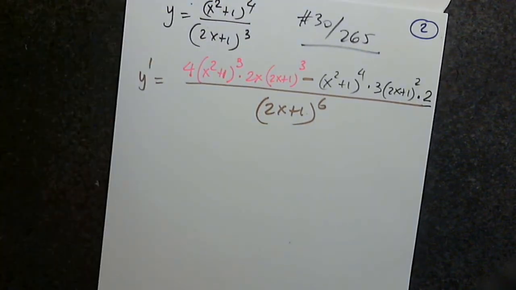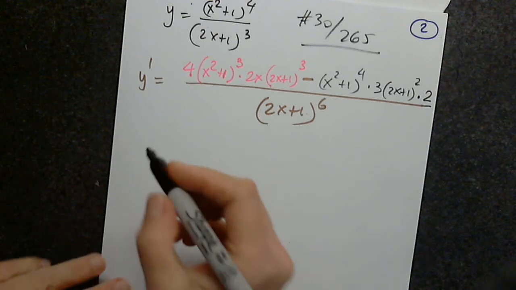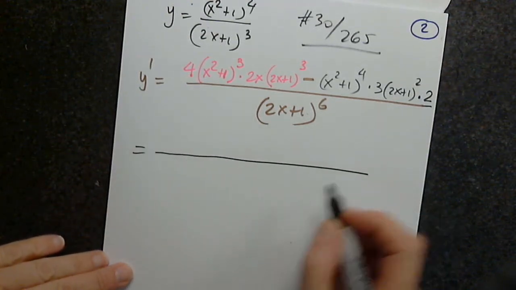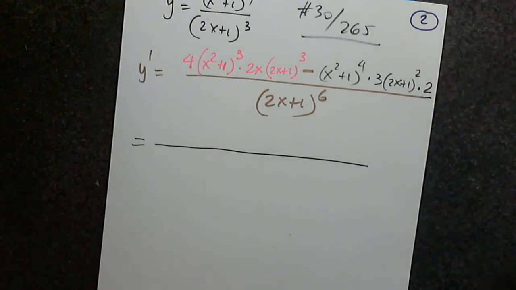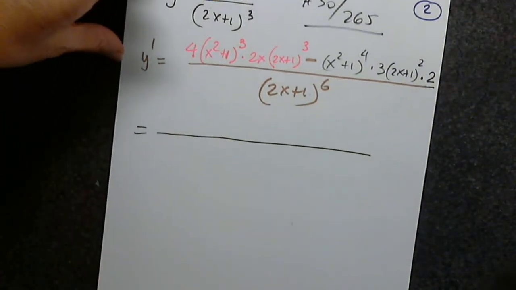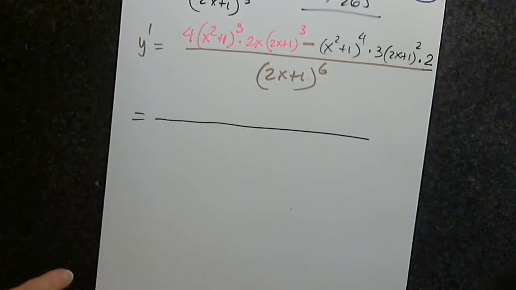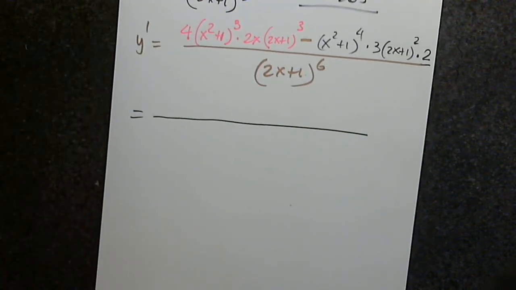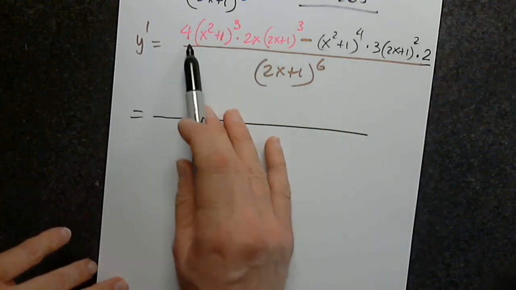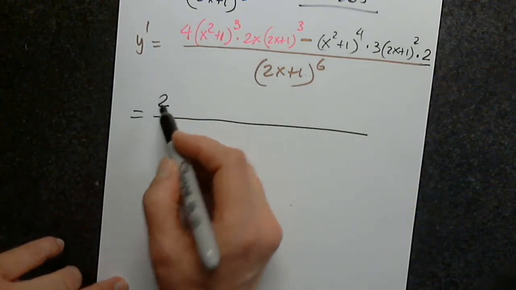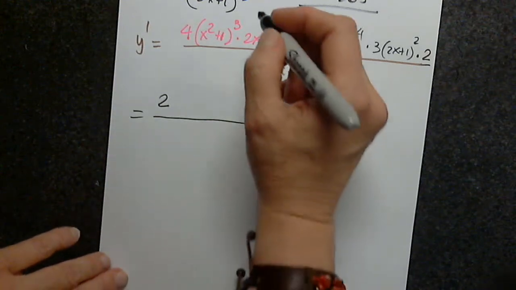Now the key step: if you try to simplify, there will be a terrible mistake. Instead, we have to factor out the maximum possible. I see a 2, this is a 3 and a 4, so 2 is coming out.